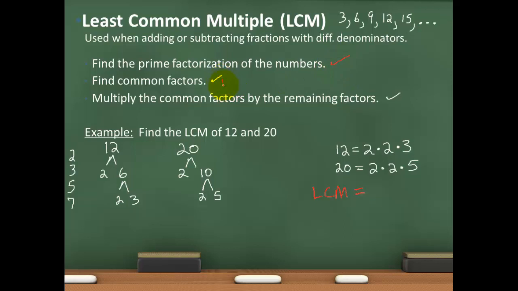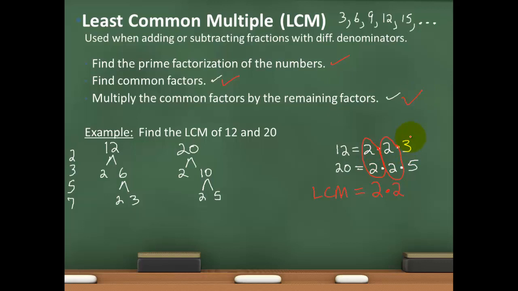Now I'm coming over here to find my common factors. Well, they both have a 2 in them, so that has to go into my least common multiple. They both have another 2, right? So that has to go into my least common multiple. That's all the common factors that I have, a 2 and another 2. And now I'm going to go to the third step, which says to multiply the common factors by the remaining factors.